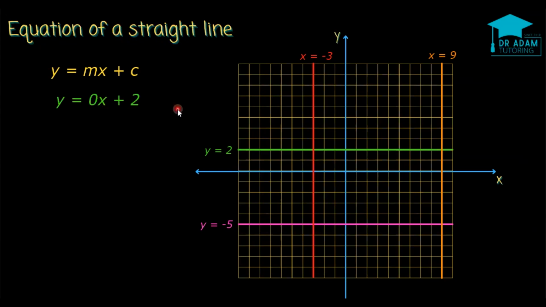Now we're going to consider what happens to a line when we have a non-zero coefficient of x, that is a non-zero x term in the equation. Let's take a look at a simple example of what such a line will look like.